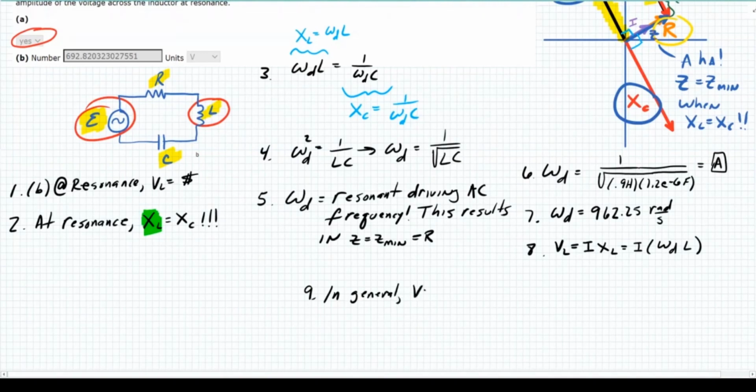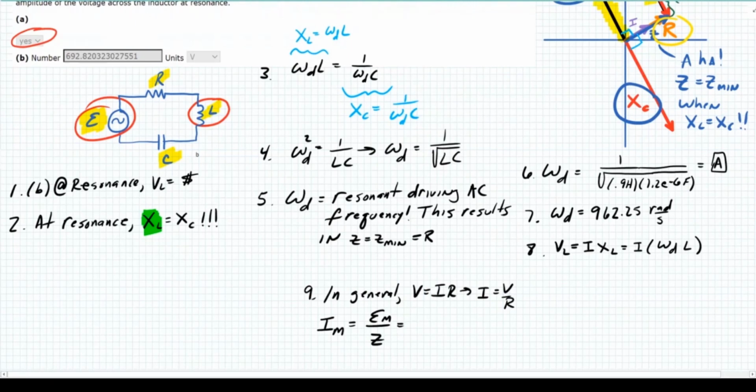Ohm's law says V equals IR, which means I equals V over R, but personalized for AC circuits. This is what the maximum current is. The maximum current is V, but it's the EMF, all over Z. Got it.